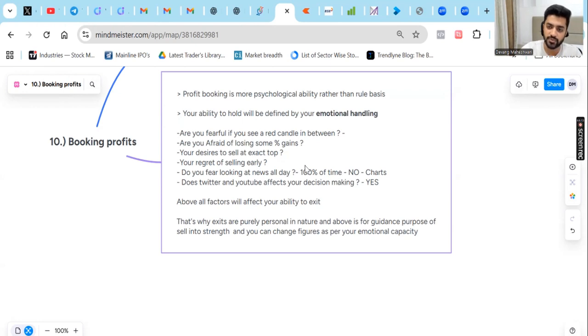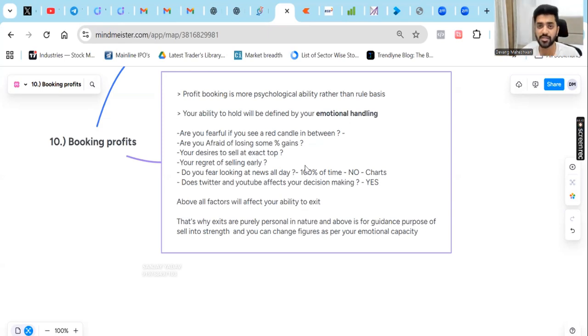So now we'll discuss what's the way to exit, but you'll have to somewhere find your own way in it. I'll give you a way to do, but you'll have to fit in yourself, by understanding where you are at the moment, how good you are in managing your emotions. And these things are very common. You'll have to fight your way towards improving it.